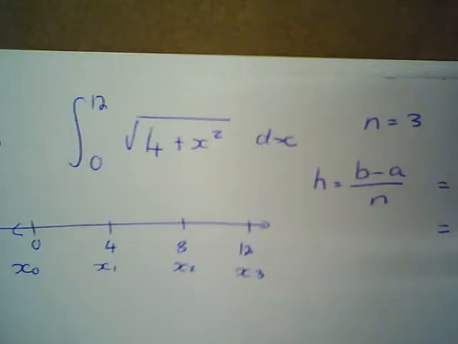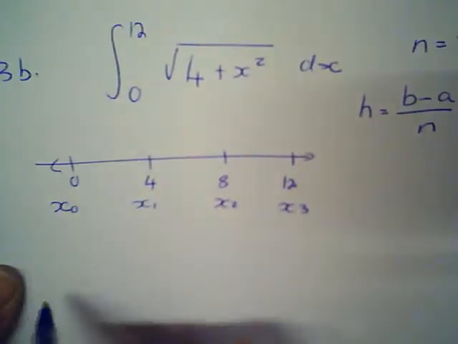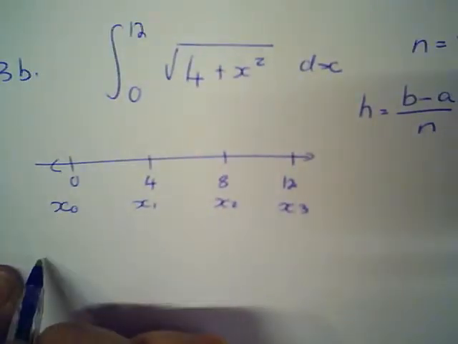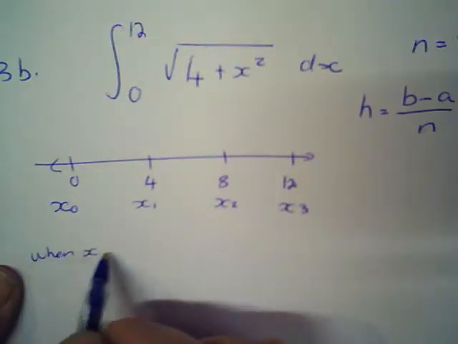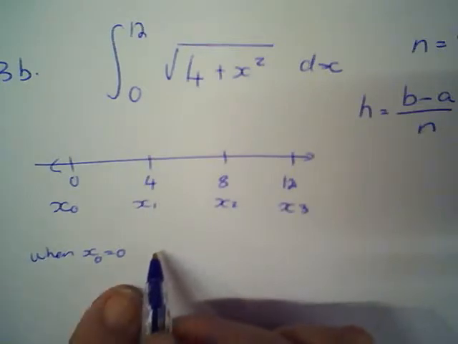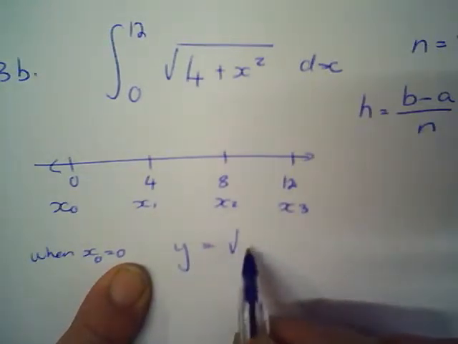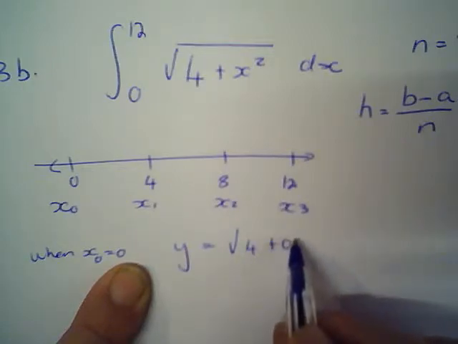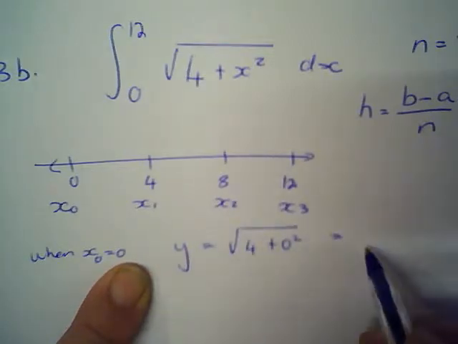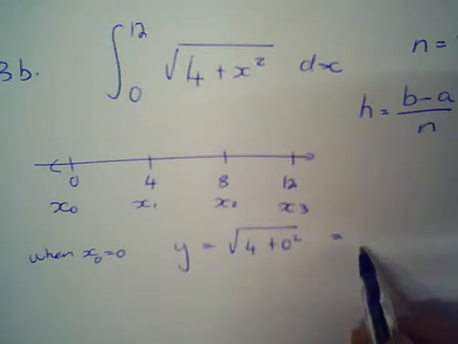Now we need to use the trapezium rule. So we know that when x0 equals 0, then my y value would be the square root of 4 plus 0 squared. And that would give me an answer of 2.